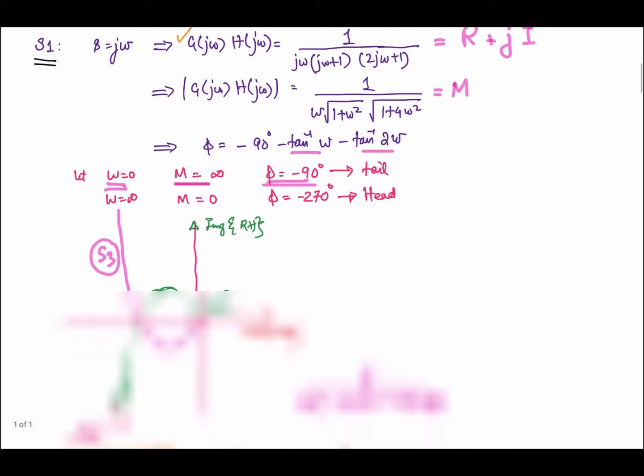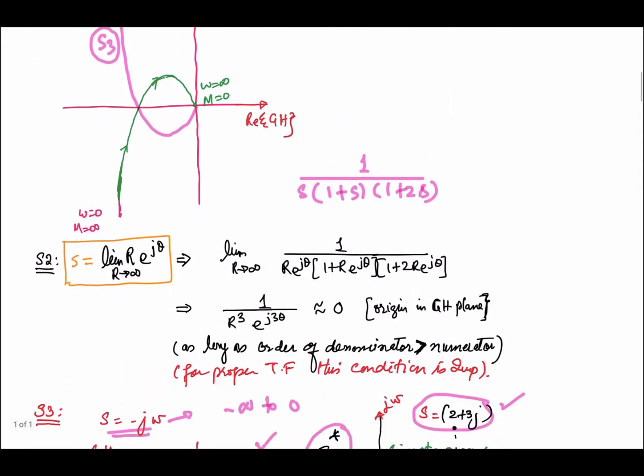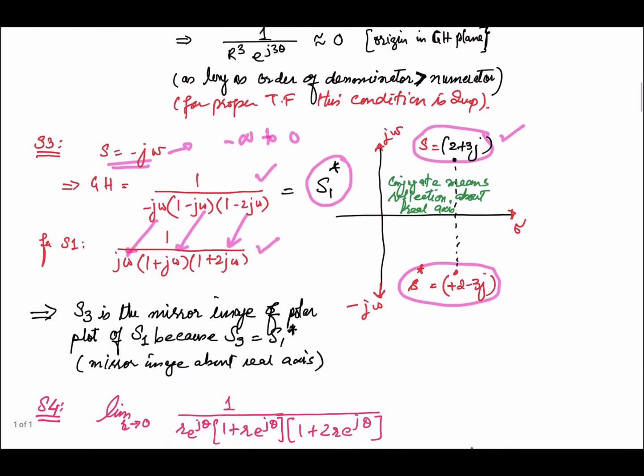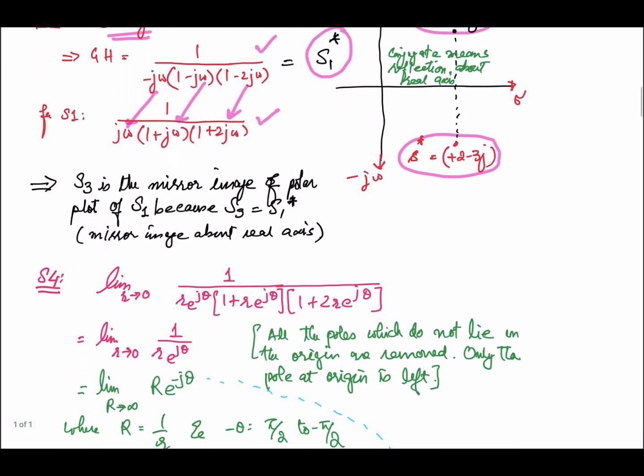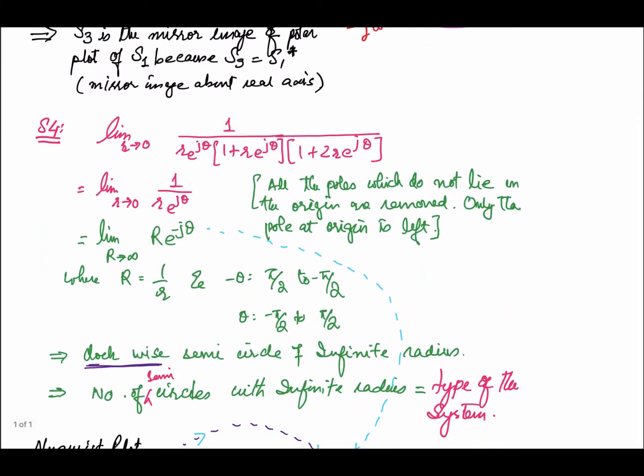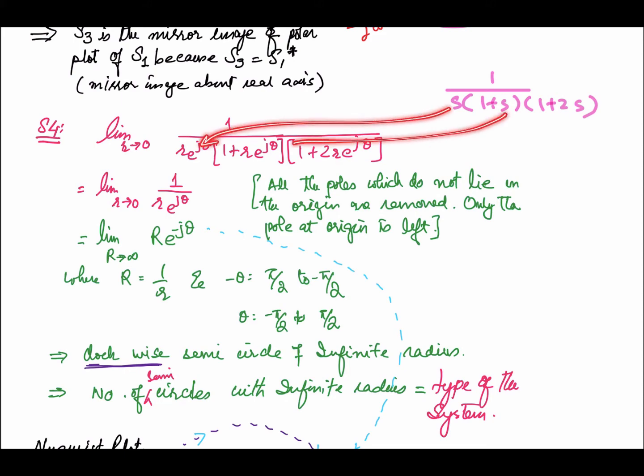Okay, so now for S4, in the given transfer function, that is 1 over S into 1 plus S into 1 plus 2S, what we are going to do is replace S with r e raised to the power j theta. So here you can see all S are replaced with this, and the limit is that r is approaching 0.